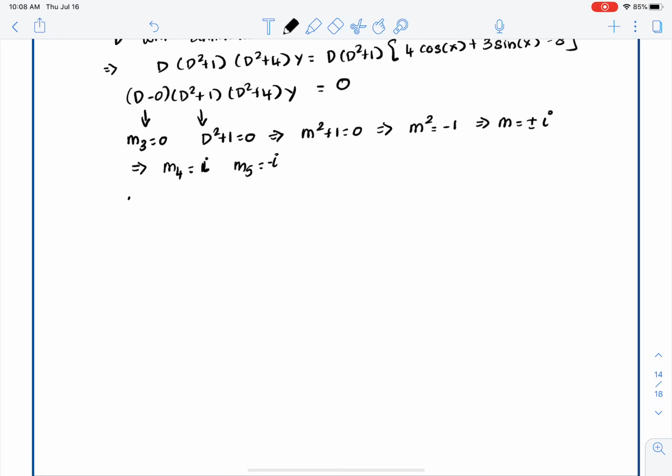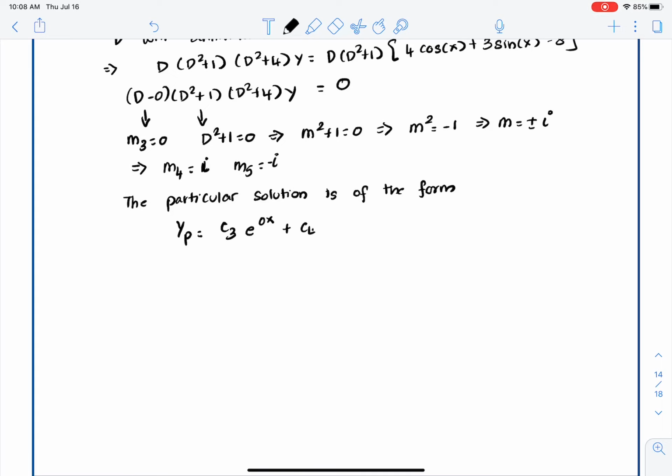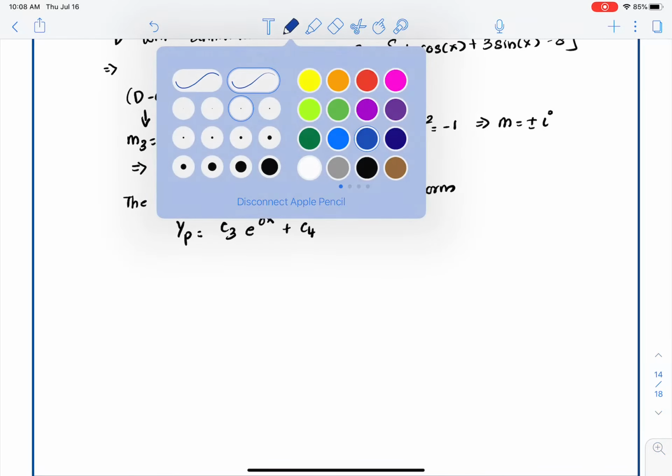So the particular solution is of the form yp equals c3 e raised to 0x, c4, where beta here is 1 and alpha is 0. This is for the particular solution.